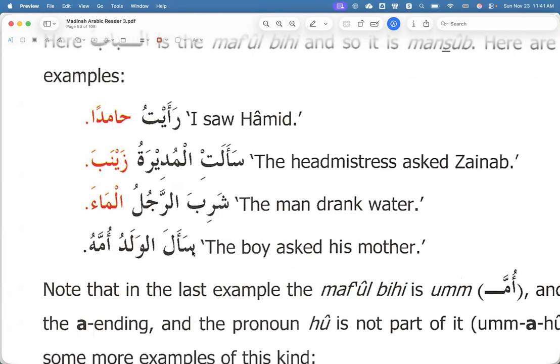The boy asked the mother, or if I can just say, سأل الولد الأم, right? The boy asked the mother. But if I want to say his mother, I will say سأل الولد أمه. This is a fatha, not ummuhu, ummahu. Why ummahu? Because the mother is the object, it is a maf'ul bihi. Right? You guys with me or not?